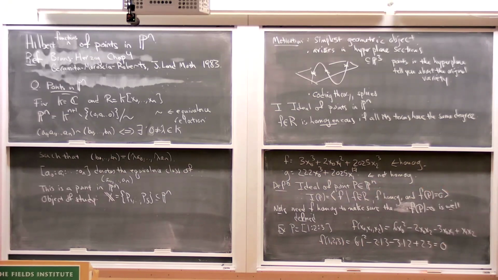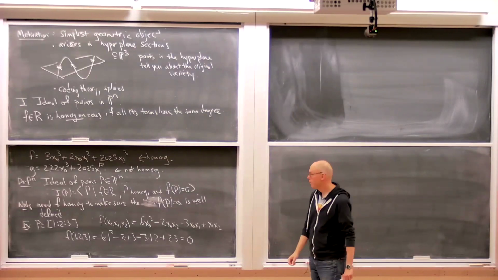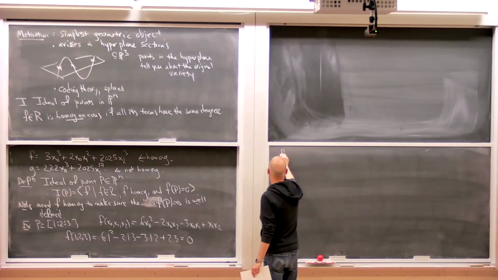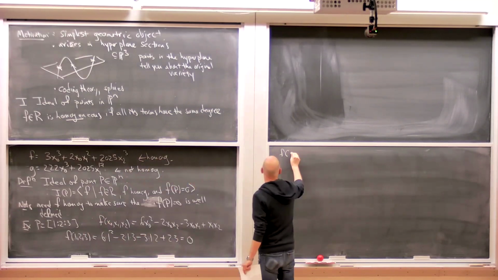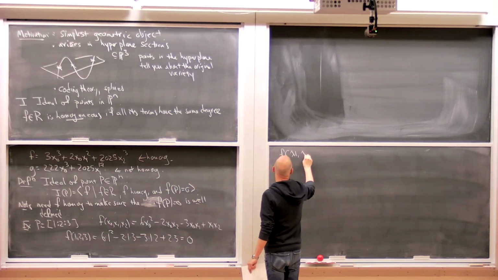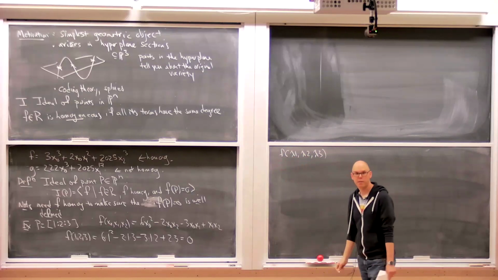But this is only one representative of this particular equivalence class, so we want to make sure it works for everything. Everything in the same equivalence class is just a scalar multiple. So let's put any scalar multiple inside of our function and see that it vanishes.